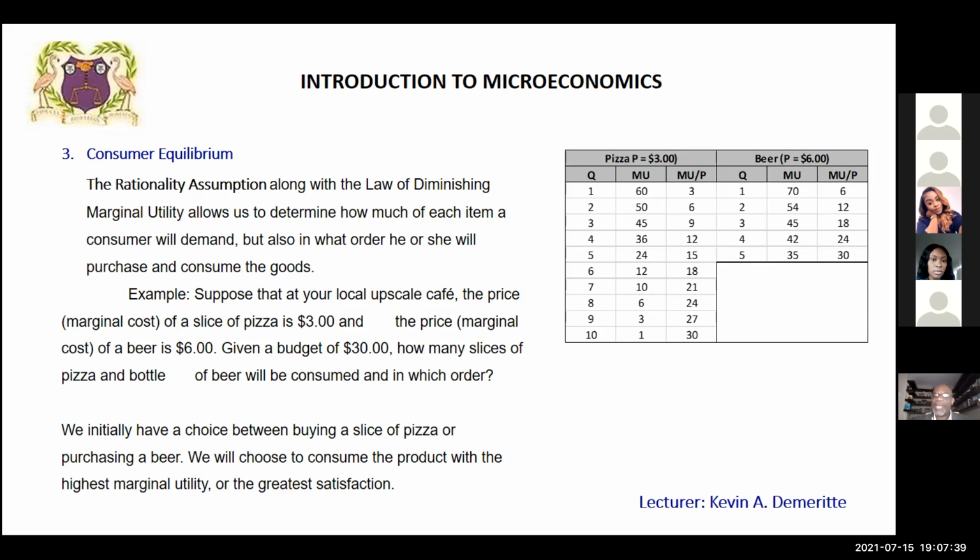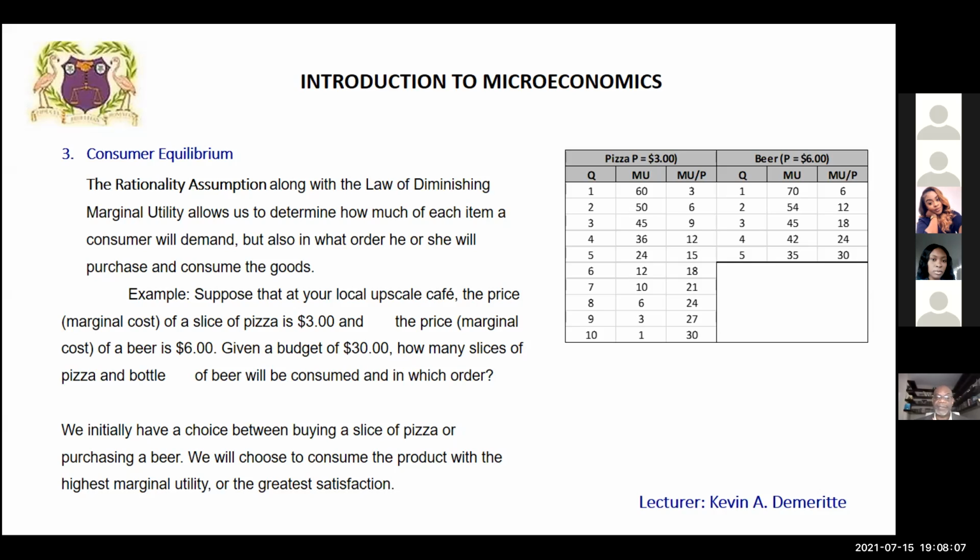So then, the question is, how many slices of pizza, how many beers, and just as importantly, in which order are you going to purchase and consume them? Right. This is the kind of question you will certainly get on your homework, and absolutely you're going to get on the exam. All right. You'll get a table, and you decide in which order you're going to consume these items.